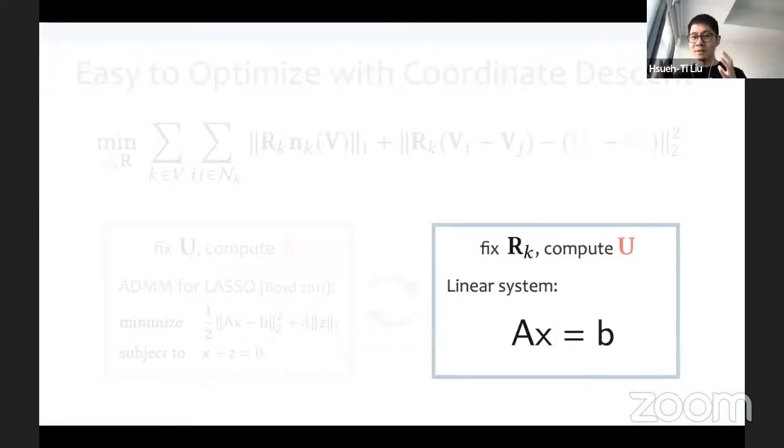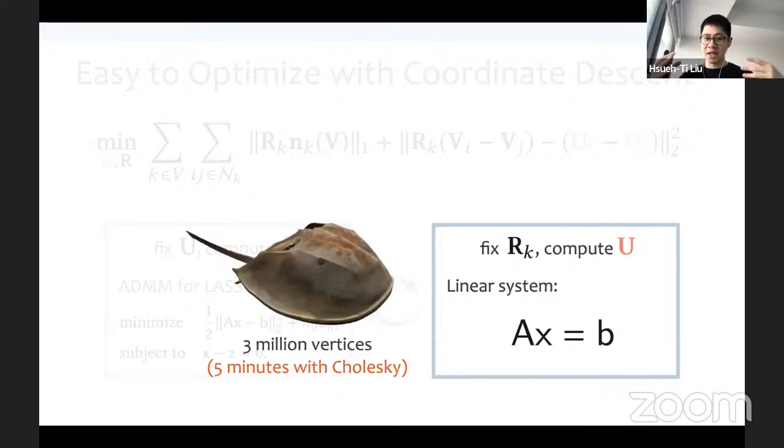The reason for that runtime is that the global step, the part where we solve the linear system, takes a lot of time when we operate on a high-resolution model. For example, if our input is a highly detailed fossil scan with millions of vertices, then solving a single linear system with Cholesky will take around 5 minutes, which is too slow for real-time or interactive applications.